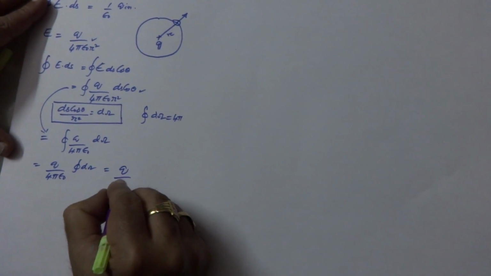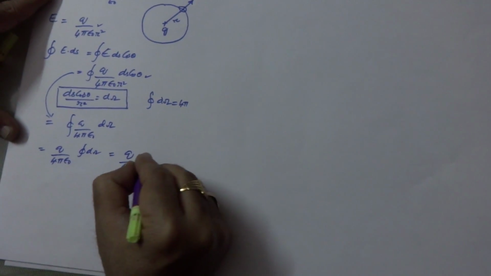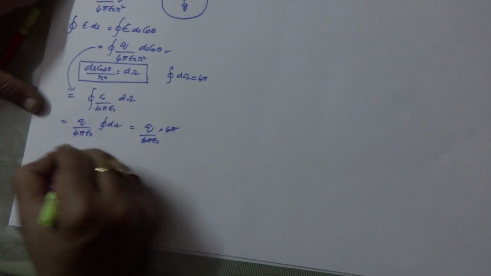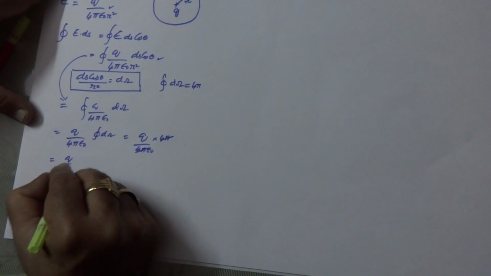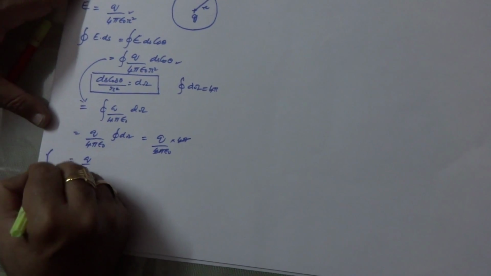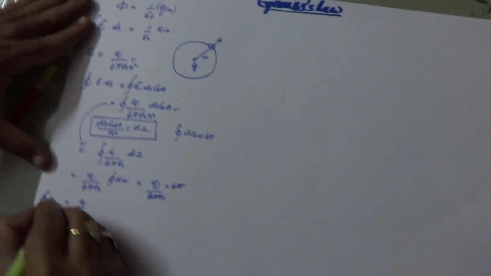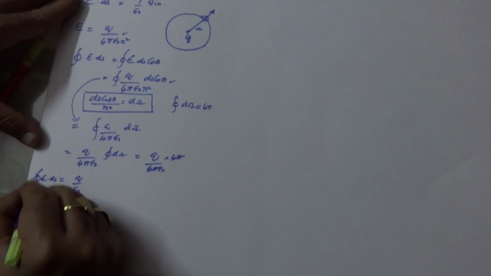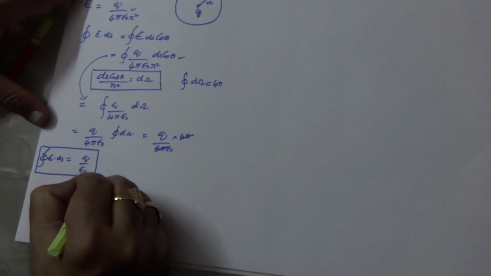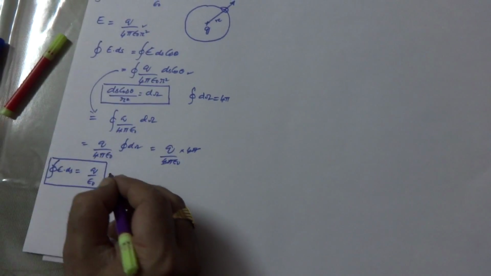Now integral over d omega can be replaced by 4 pi. So this 4 pi is cancelled with this one. Finally q by epsilon naught. So the total flux, E dot ds for a closed surface, is always equal to q by epsilon naught, which is the mathematical statement of Gauss law.